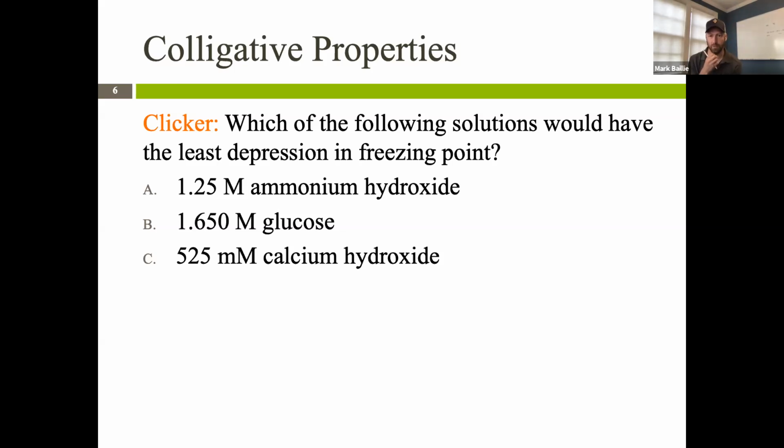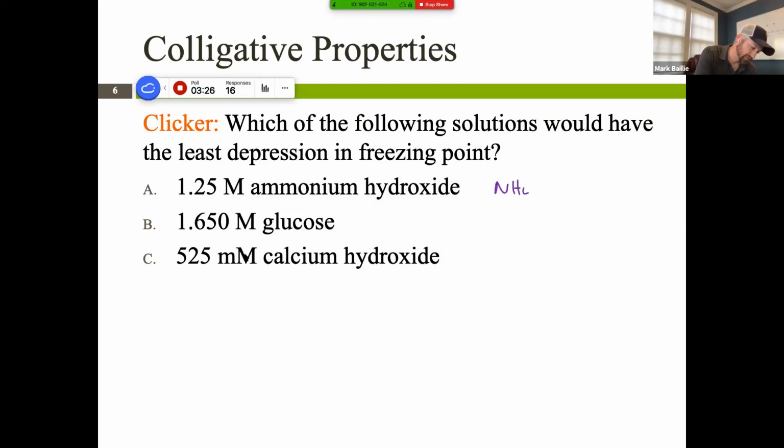Is that true for ammonium hydroxide? What happens when one ammonium hydroxide goes in water? It breaks apart into 2 molecules. Yeah, actually they're ions, so 2 particles would also be the way to talk about it here. So NH4OH. Remember this term, the van't Hoff factor.